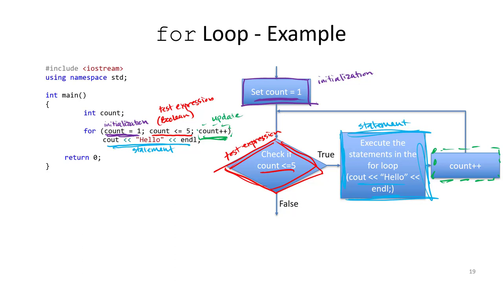So here, we increment our counting variable. Basically, this for loop has a counter built in so that, in this case, we are outputting the word hello count number of times.